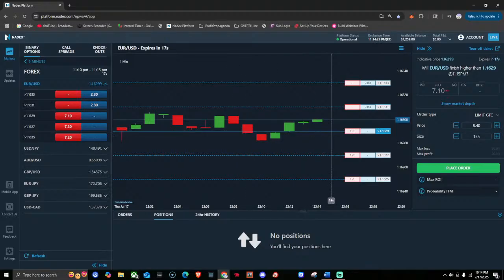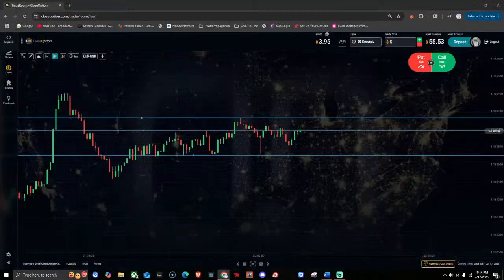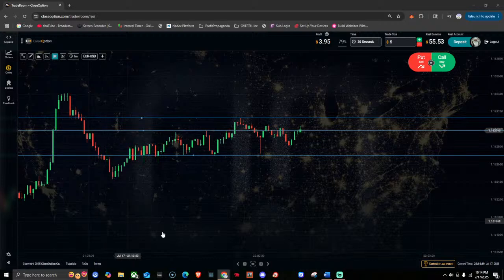And even over on this side, we still haven't even gone out of these zones of movement. So this is just interesting to keep an eye on.